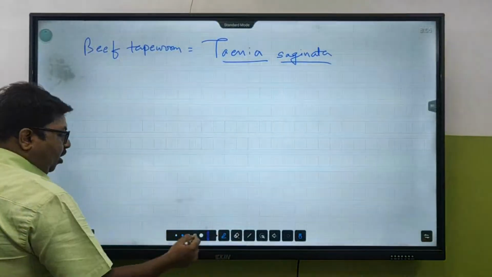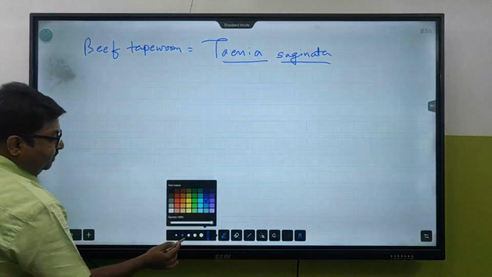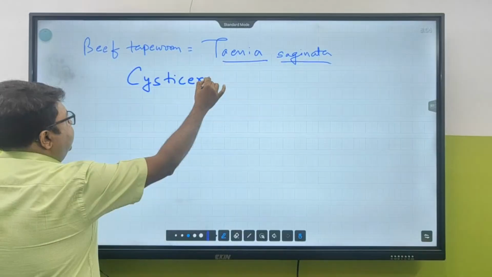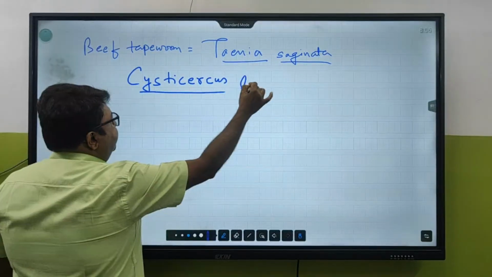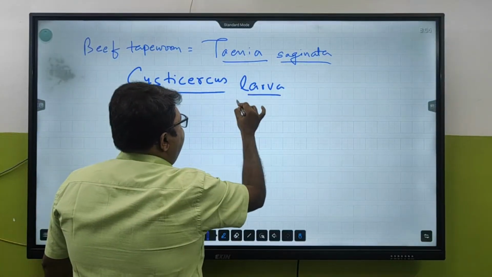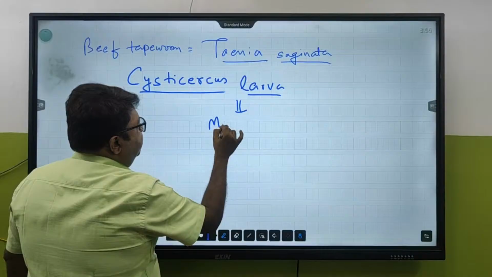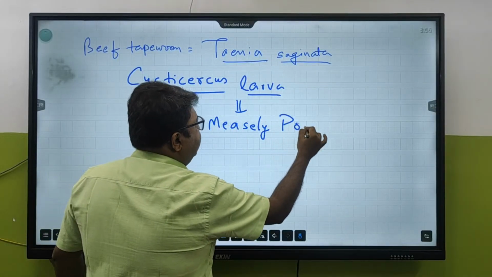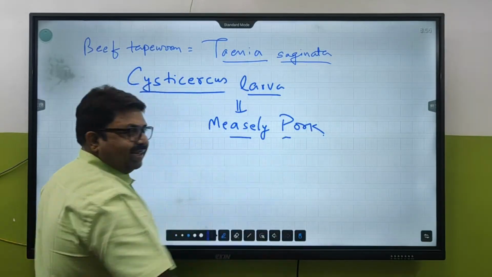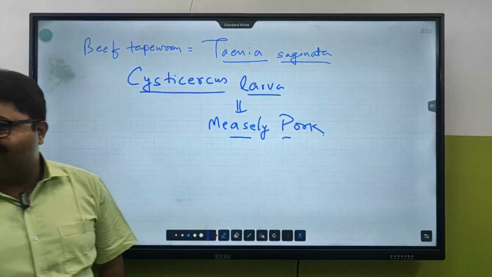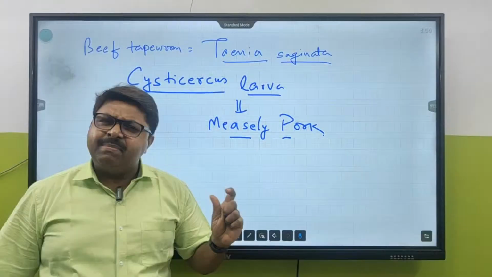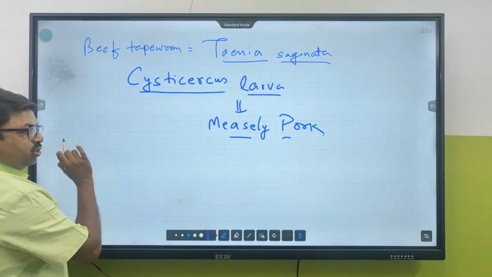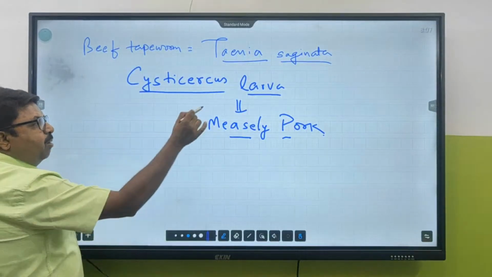This particular larva is called cysticercus larva. And the meat having this larva is called measly pork. It's called? Measly pork. Do you think all the pig meat contains this larva? No.